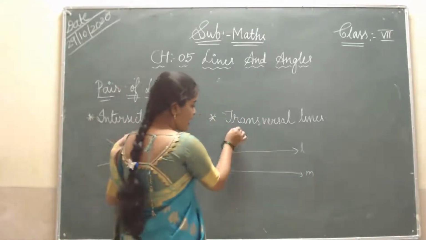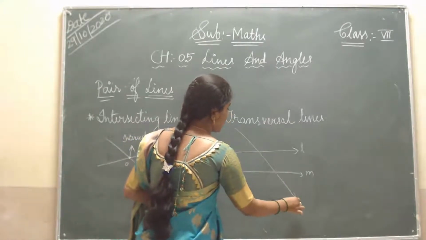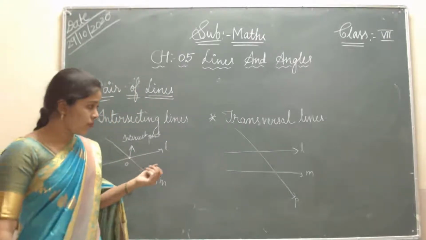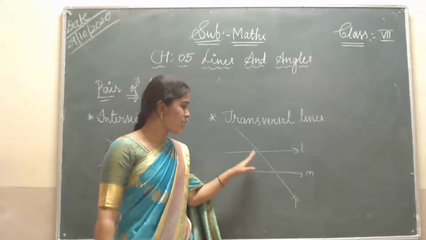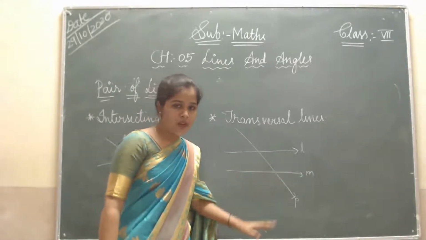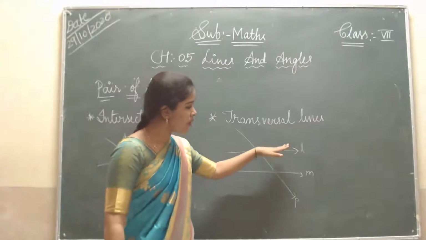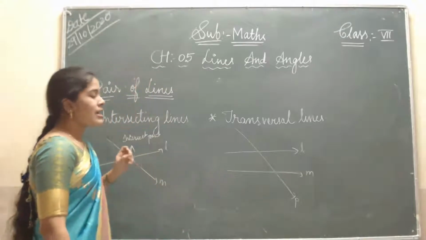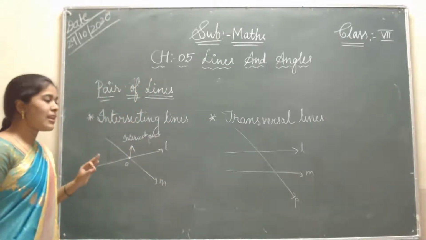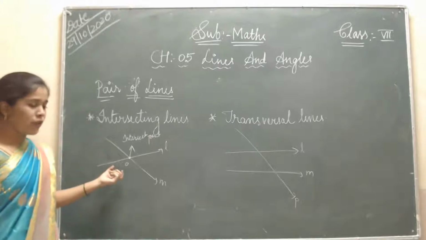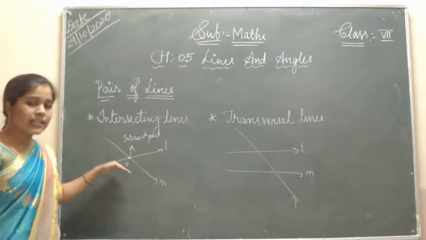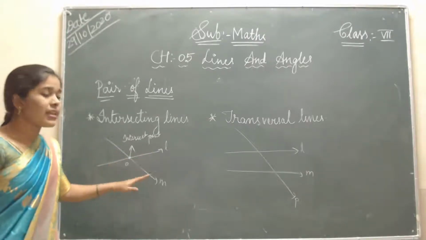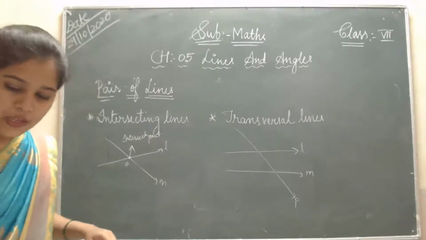One line crosses these, that is P. So line P is a transversal for line L and line M. This is the transversal line for L and M. P is a transversal line of line L and line M. Here we know that an intersecting point is where two lines cut or meet at a point. Understood? Next.